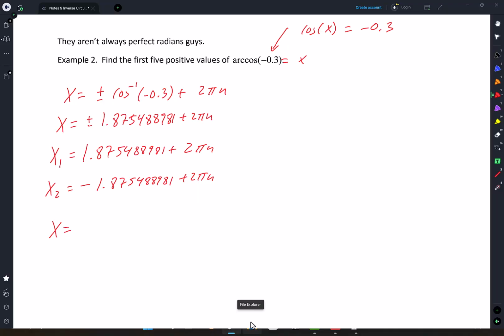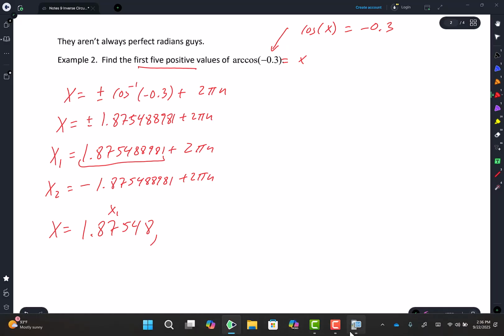All right, here are my answers. X equals, my first one is a positive one because it says the first 5 positive values, right? So I'm going to get this one as my first one: 1.87548 truncated. That's coming from x1. The next one's coming from x2, but I don't want it to be negative. So look what I'm going to do.